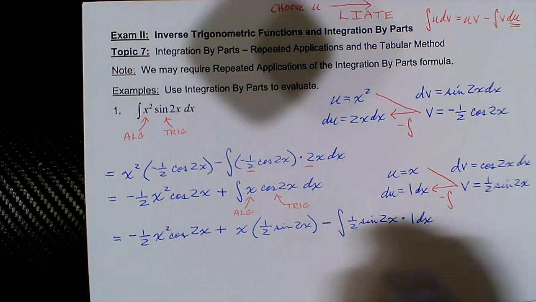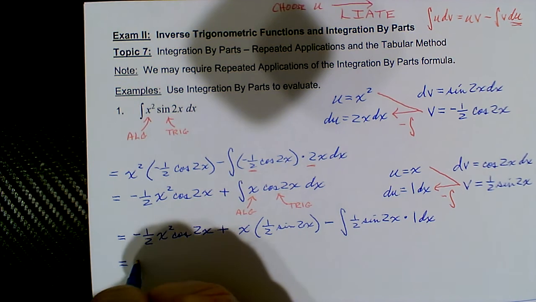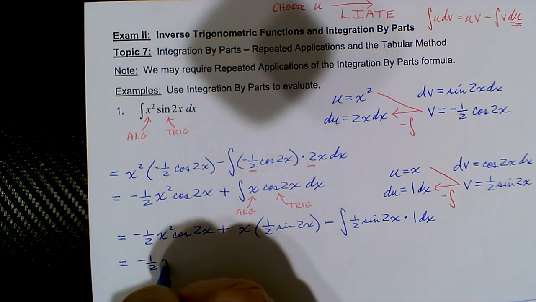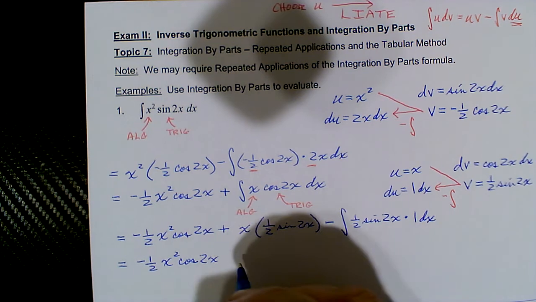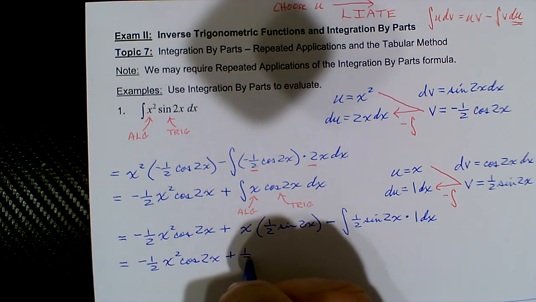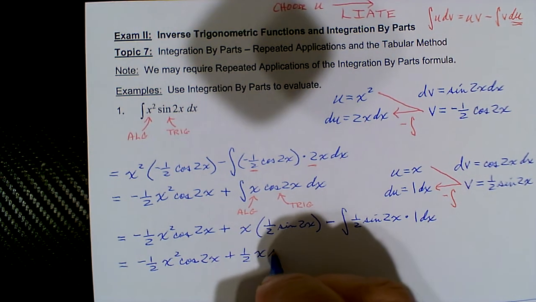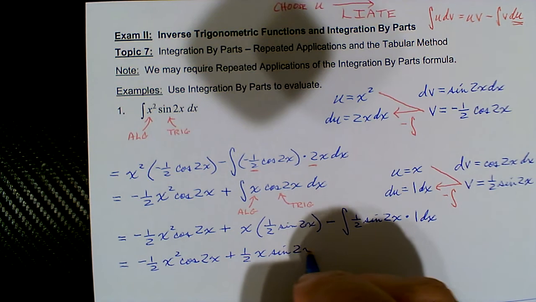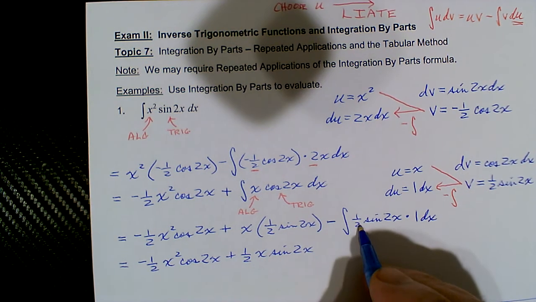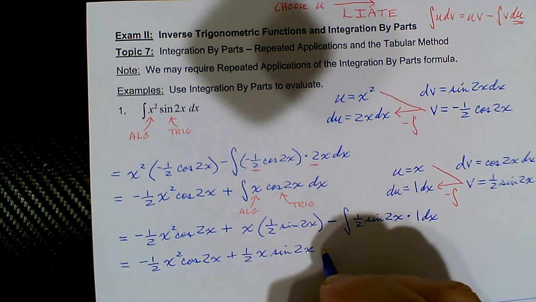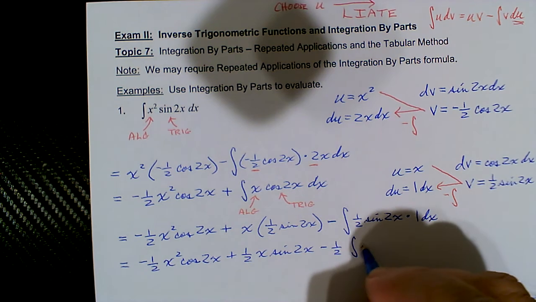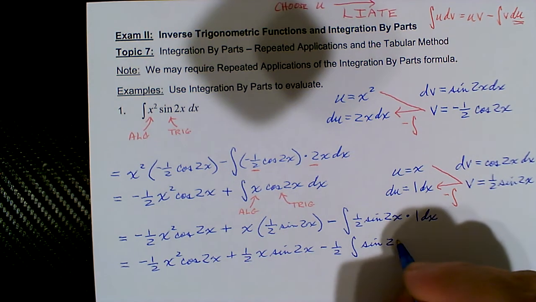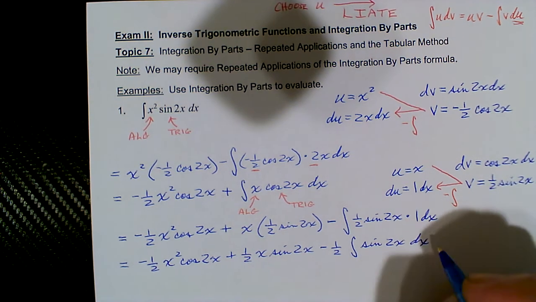And so now cleaning things up, we get negative 1/2 x squared cosine 2x. Let's write this as plus 1/2 x sine of 2x. Okay, from this new integral we could factor out the 1/2. So minus 1/2, and then we have the integral of the sine of 2x with respect to x.